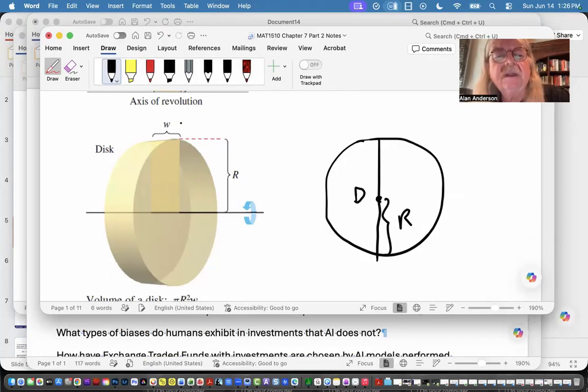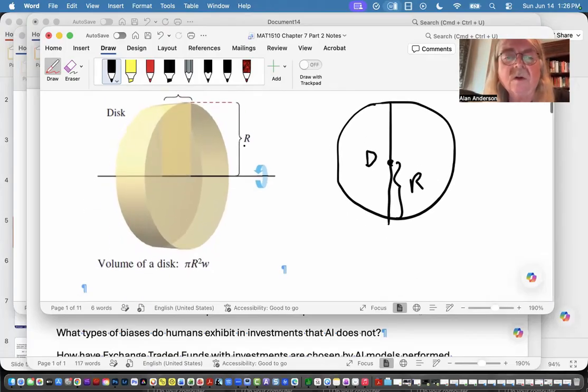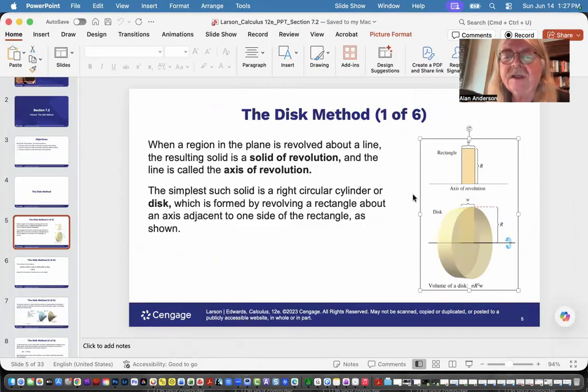We'll call that W. And so the volume, if you can imagine filling this thing up with water, is going to be pi times the radius squared times the width. And that means that we can find this volume with an integral. If we do it correctly, we can create an integral that will give us the volume of this disk. And in fact, there's a reason why it's called the disk method, because it's letting us find the volume of a disk.